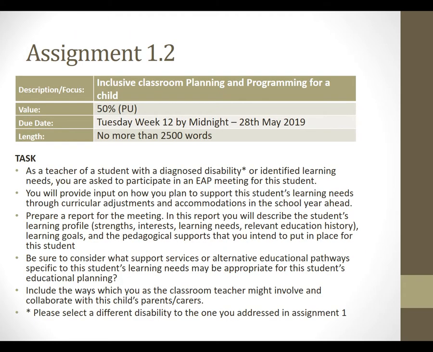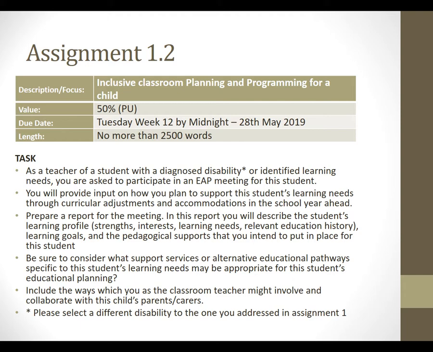Your second essay is going to be more like a report, a more formal assignment. You're participating in an EAP meeting, an educational assessment plan meeting, or an individual education plan meeting for a student, and you're going to specify how you plan to support this child's learning needs through curricular adjustments and accommodations.